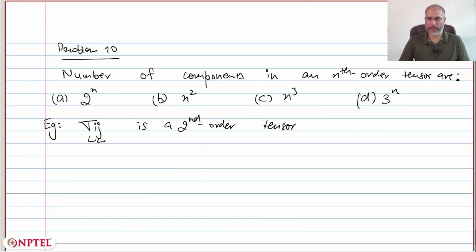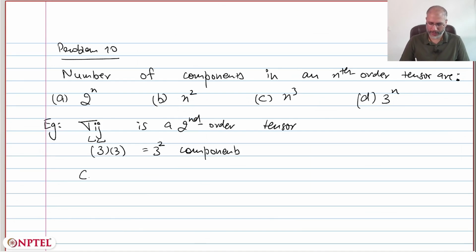So we have a total of 3 times 3, 9 combinations possible. And we've already written this as a matrix as sigma 11, sigma 12, sigma 13, sigma 21, sigma 22, sigma 23, and sigma 31, sigma 32, sigma 33. So we have 9 components, and that is basically 3 times 3, which is equal to 3 squared components.